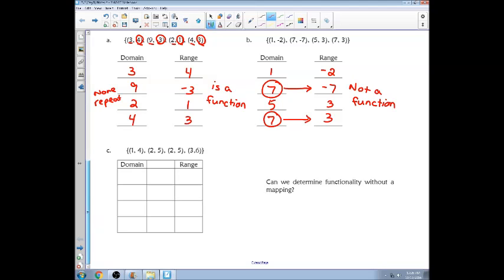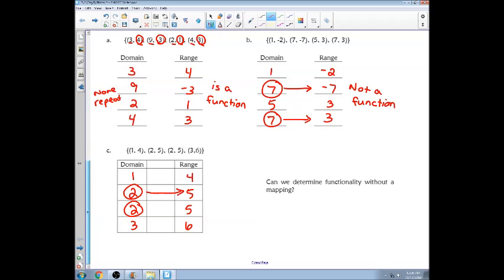We need to do the same thing again. I have 1, 2, 2, and 3. I have 4, 5, 5, and 6. In this case, I have these 2's that did repeat.